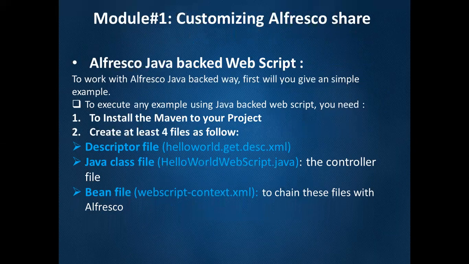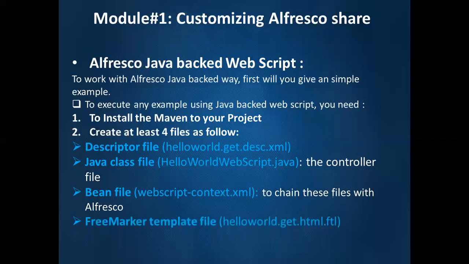The name of this bean file in my example is web script. You can find this file in your Alfresco. Just remember the name web-scripts-context.xml. Inside this file you will give your bean code.